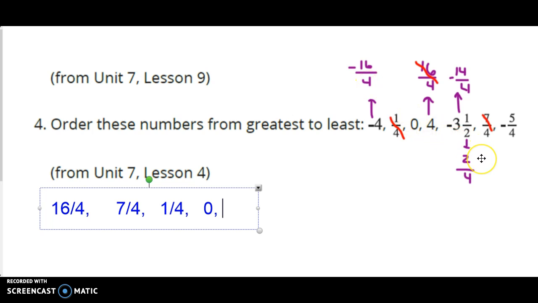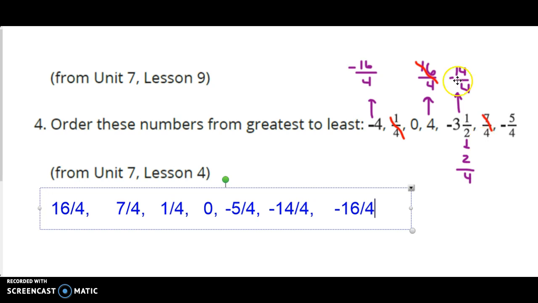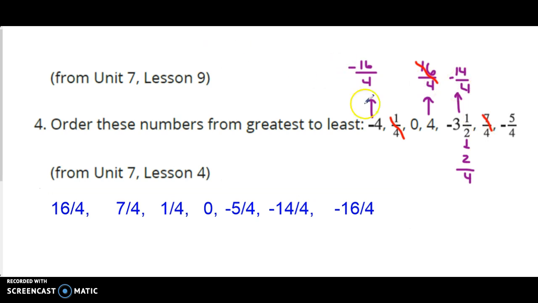Which of those is closest to 0? It's going to be -5 fourths, followed by -14 fourths, followed by -16 fourths. And once I've done that, I have used all of them.